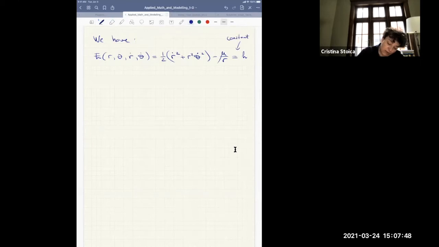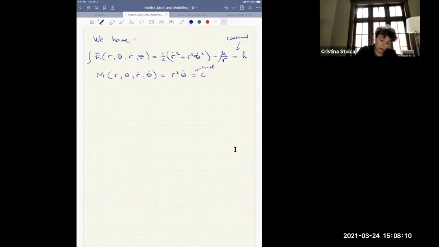And then also we have the momentum, and I'll write it in full blast. This was r squared theta dot, and this is, again, constant, and we called it c.